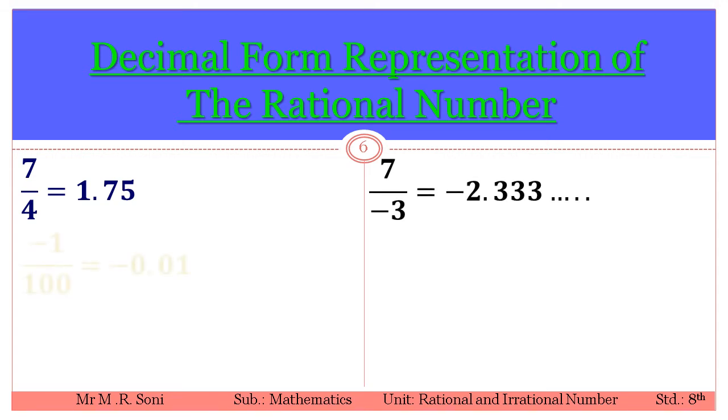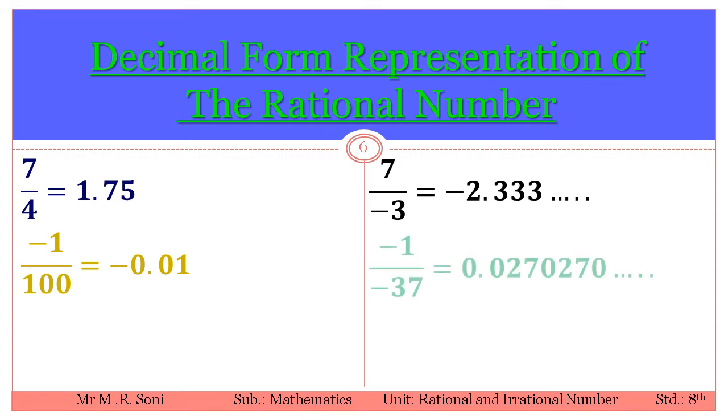Negative 1 divided by 100 is equal to negative 0.01. Negative 1 divided by negative 37 is equal to 0.027027 and so on.